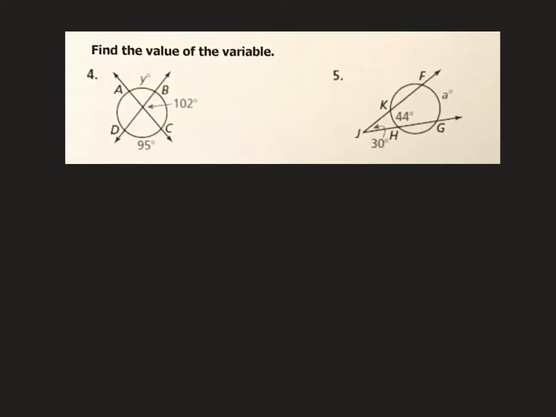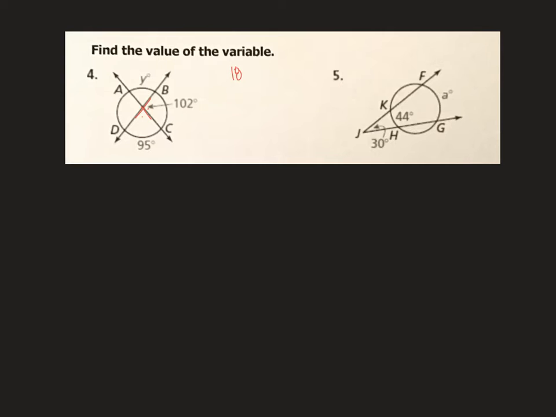Okay, so in 4 and 5, we're going to solve for our variable. So we need to know what y is in number 4. We know the opposite arc, and we know this angle is 102. Well, we really need to know one of these two angles, which would be the same. And luckily, it forms a linear pair with that 102 degree angle.